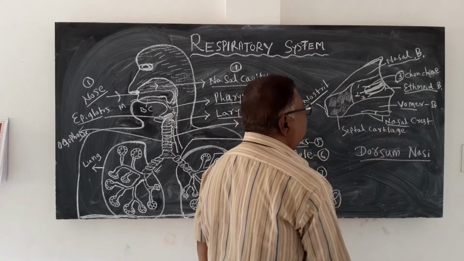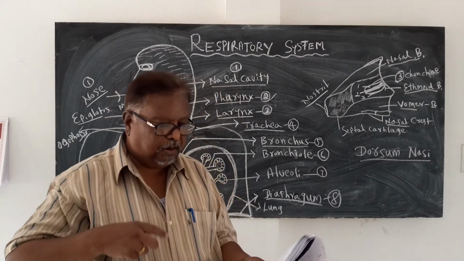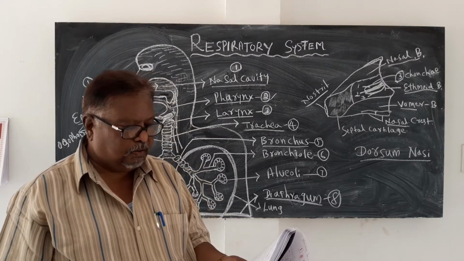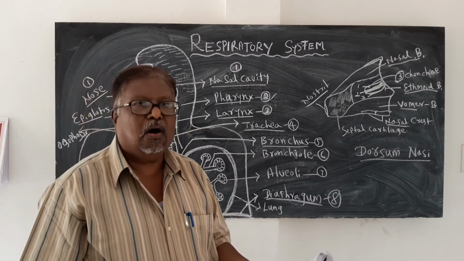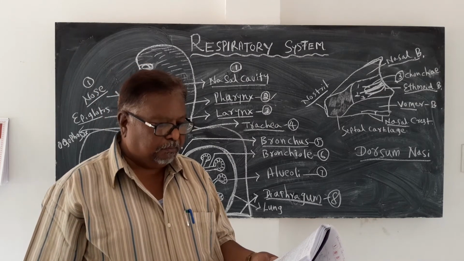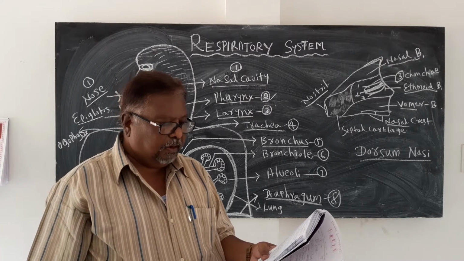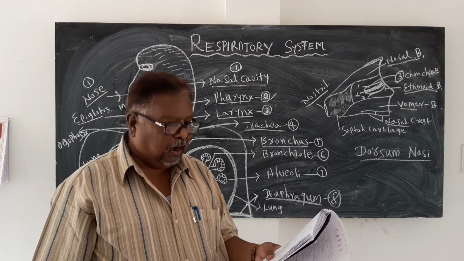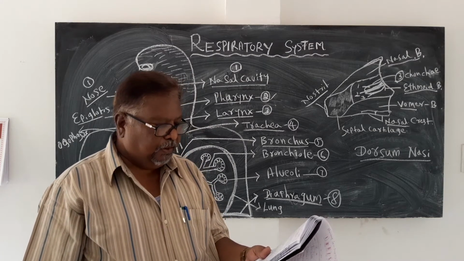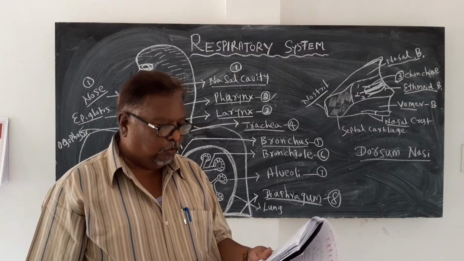They are called nasal conchae: superior, middle and inferior. The inferior conchae are separate bones, while the superior and middle are portions of the ethmoid bone.